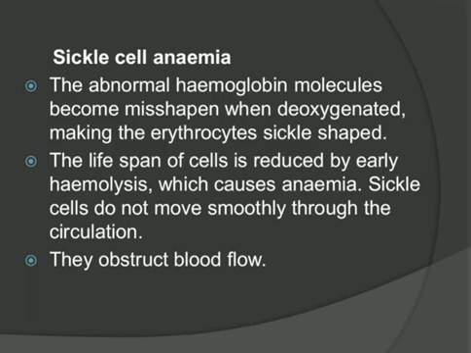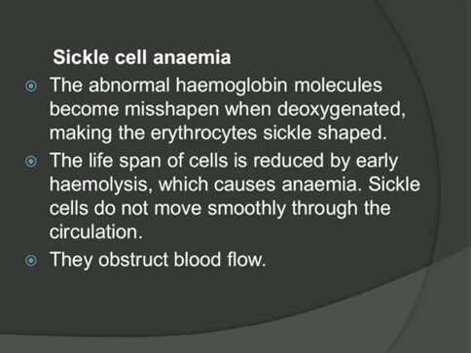Now, talking about sickle cell anemia, as the name suggests, the normal blood cells turn into sickle cells. Right? Now, the abnormal hemoglobin molecule becomes misshapen when deoxygenated, making the erythrocyte sickle shaped. If the cells contain a high proportion of abnormal hemoglobin, sickling is permanent. Right?